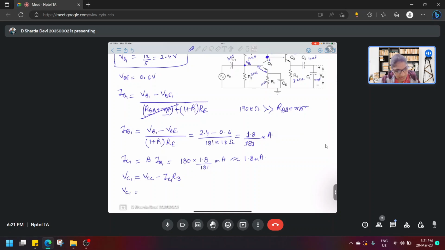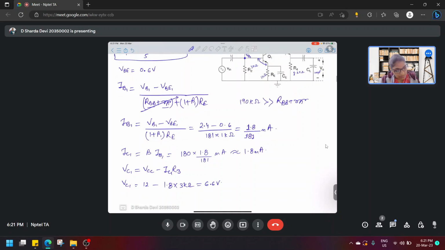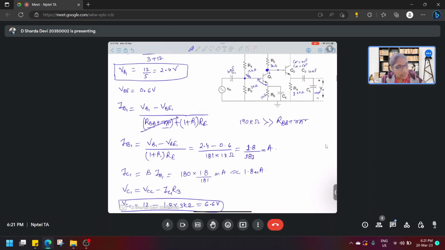So VC1 is 12 minus 1.8 into R3, which is 3 kilo ohms. So we have VC1 as 6.6 volts. Now this VC1 will act as VB for Q2, right?